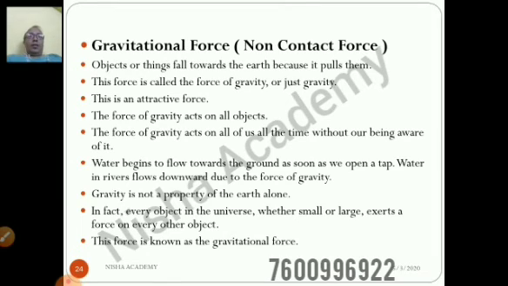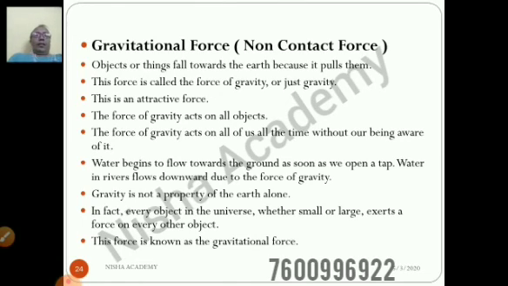So what happens here? This is the force of attraction due to the earth, and this attractive force is known as the gravitational force. Gravitational force is an attractive force, and it acts on all objects on the earth. The force of gravity acts on all of us at all times without us being aware of it.